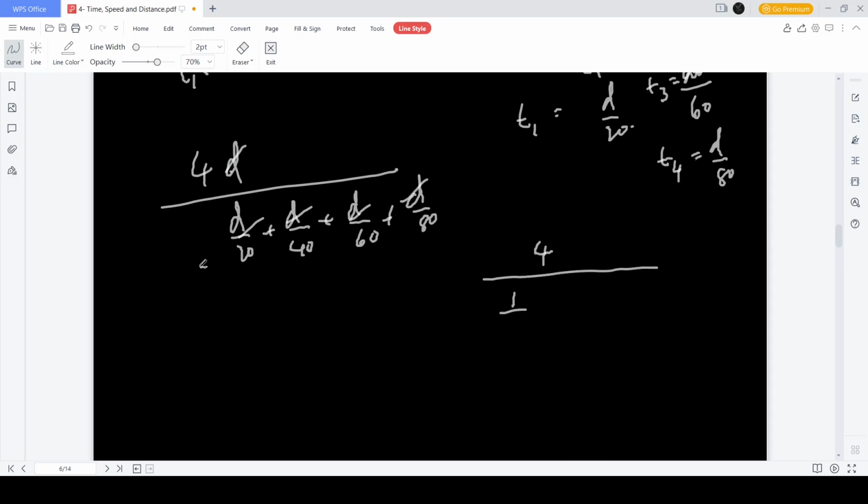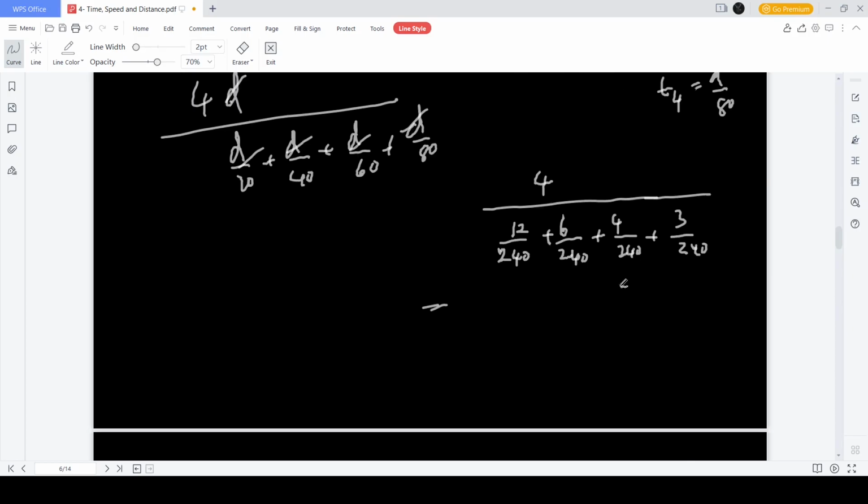So it will be 4 by (12 by 240 plus 6 by 240 plus 4 by 240 plus 3 by 240). Taking the same denominator, it will be 4 into 240 divided by 12 plus 6 is 18, 18 plus 4 is 22, 22 plus 3 is 25.